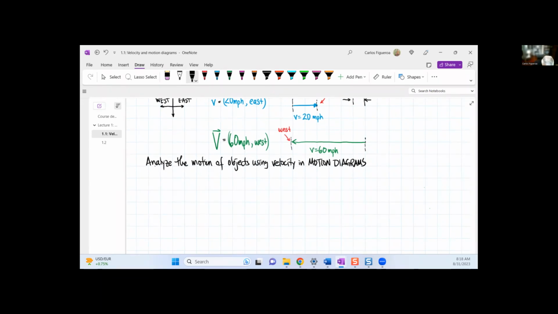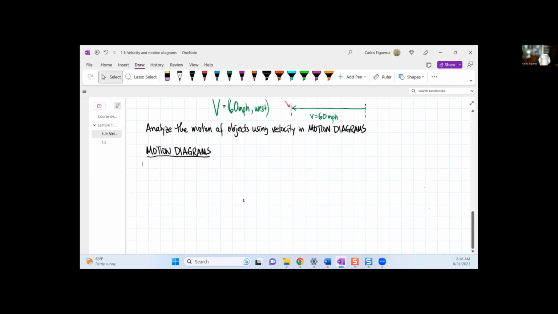So I now want to move into motion diagrams because I said this was the most important piece of this chapter. This is how we represent motion. So let's look at that.